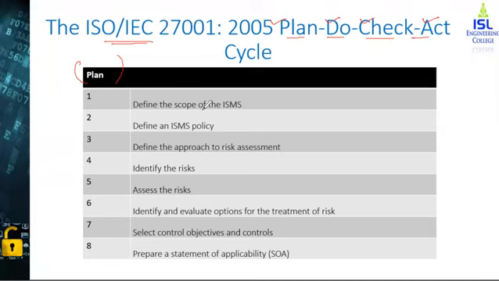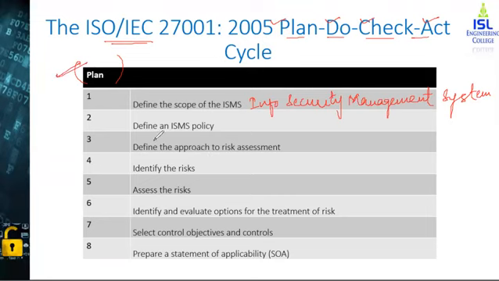First, define the scope of the ISMS. What is ISMS? ISMS is your information security management system. So this tells you what you need to plan: you need to define the scope of your information security management system.